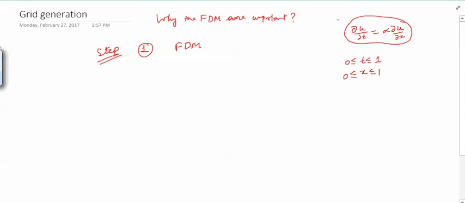We can solve this problem analytically, but suppose we want to solve it with FDM, the finite difference method. The first step for solving a problem with FDM is to see what your domain is, where you have to solve your problem. I'll draw a picture of my domain.